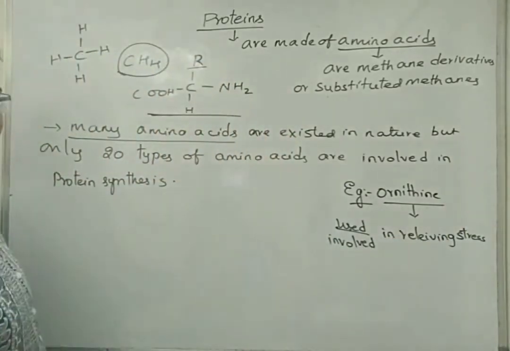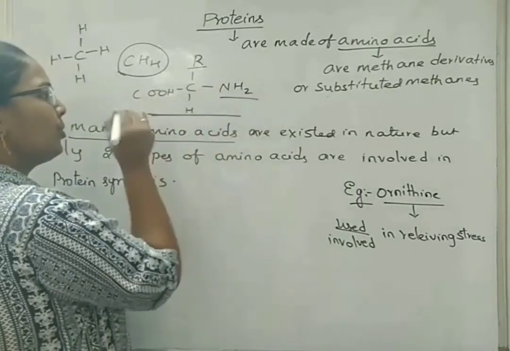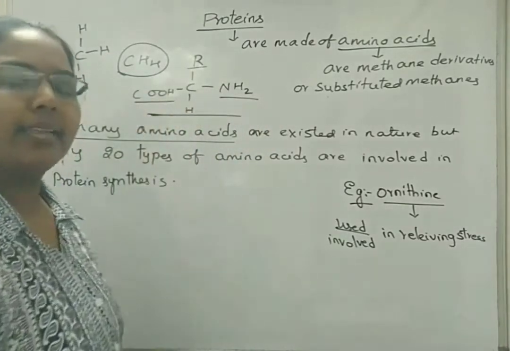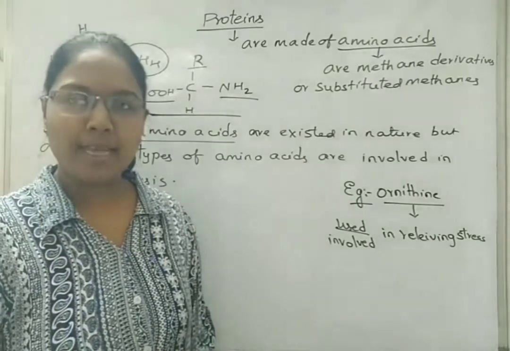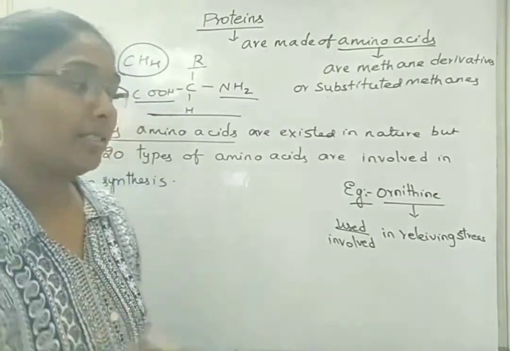Next, in amino acids, based on the number of amino groups and carboxylic groups, they are classified into basic amino acids and acidic amino acids.